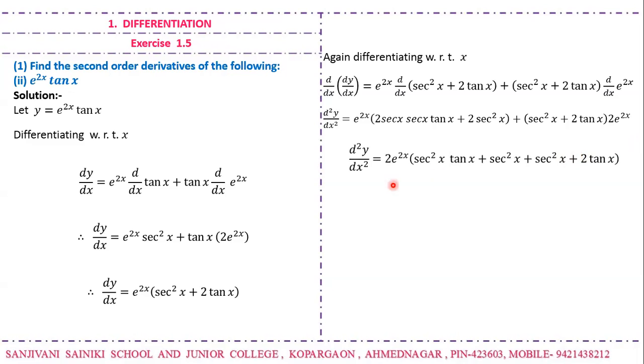Use that formula, and you will get, taking e raised to 2x common from these two factors, sec square x tan x plus sec square x plus sec square x plus 2 tan x. Now sec square x plus sec square x, you will get 2 sec square x. And I will take sec square x common, so in bracket we get tan x plus 2, and this 2 tan x.